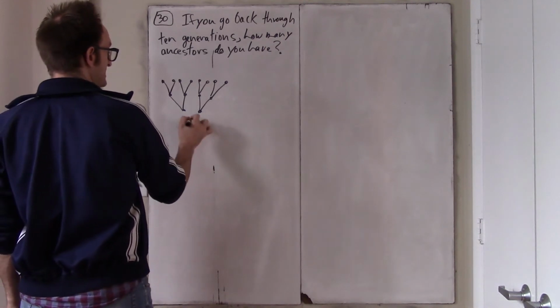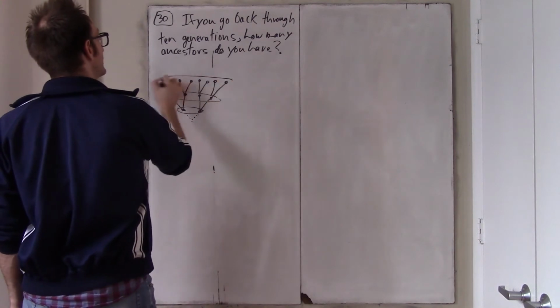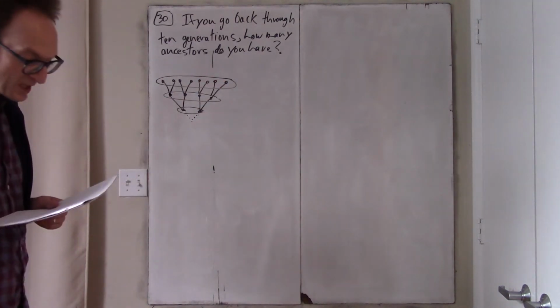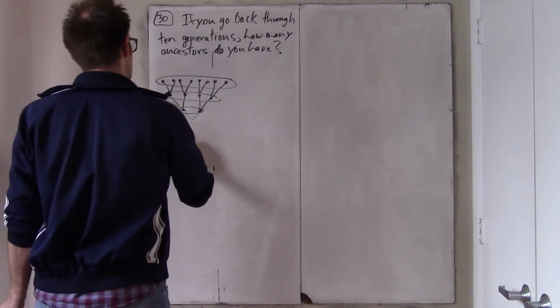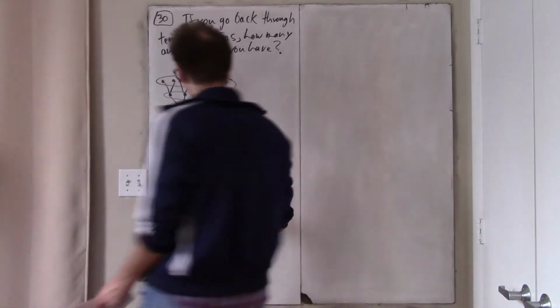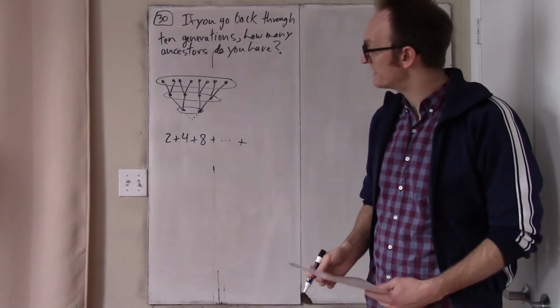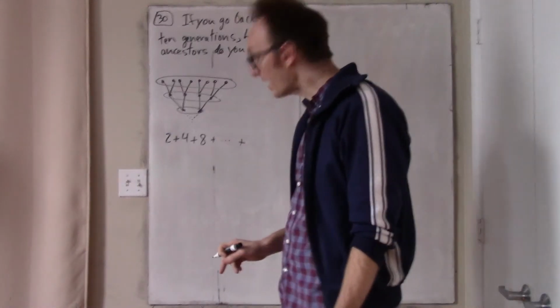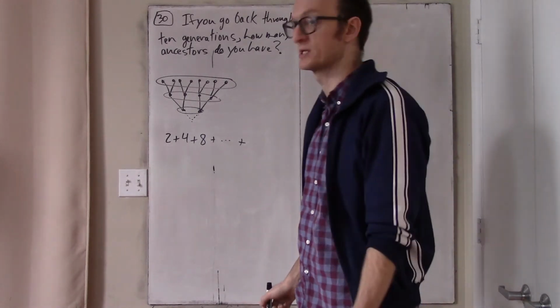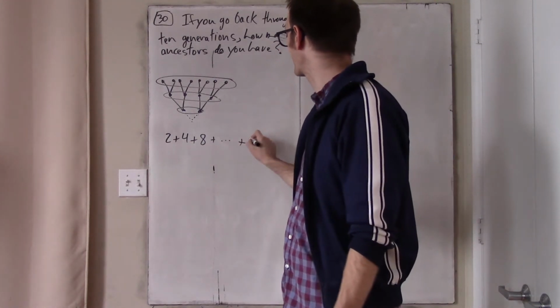So it seems that we're just adding 2 and 4 and so on. This is going to be 2 plus 4 plus 8 plus, and we have to be a little bit careful, because we're adding 10 terms, since we want to count 10 generations. So this is like 2 to the 1, 2 to the 2, 2 to the 3, up to 2 to the 10th.